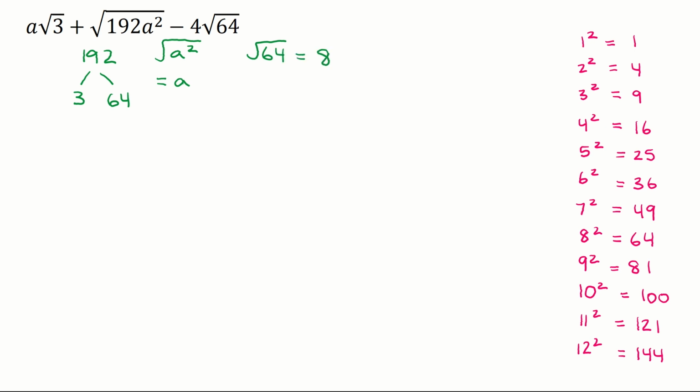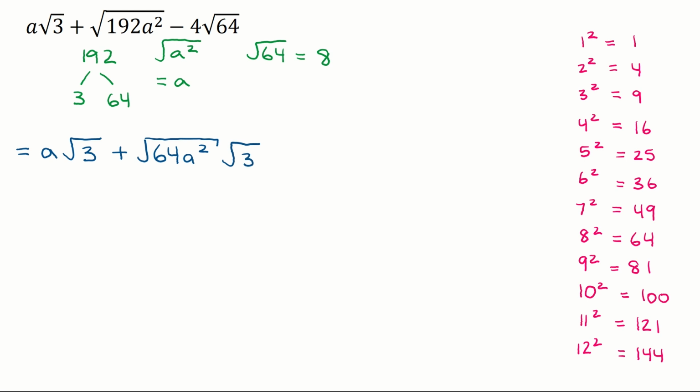So if we look at this equation, it works out to a root 3 plus, instead of writing 192a squared, I'm going to write this as 64a squared. So I'm pulling out all of my perfect squares multiplied by root 3.